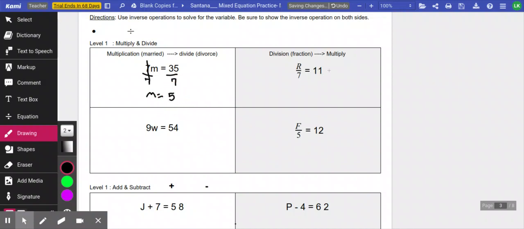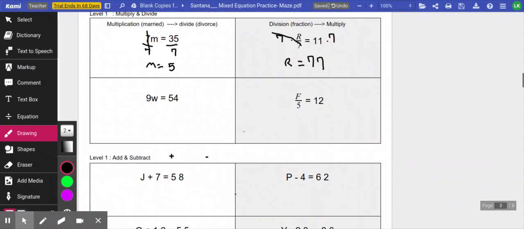R divided by 7 equals 11. Remember, times 7 times 7. And these 7's will cancel to just 1r, or r. 11 times 7 is 77.